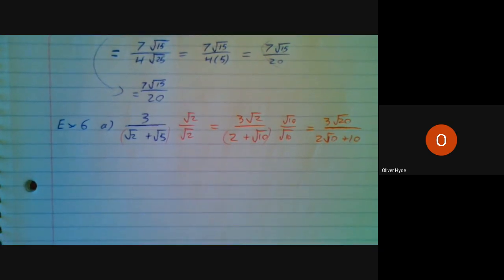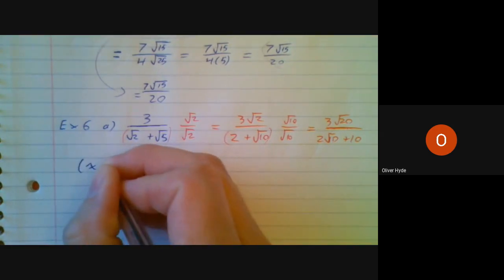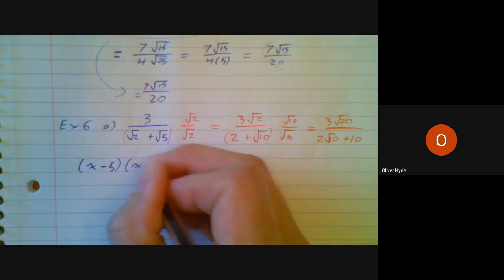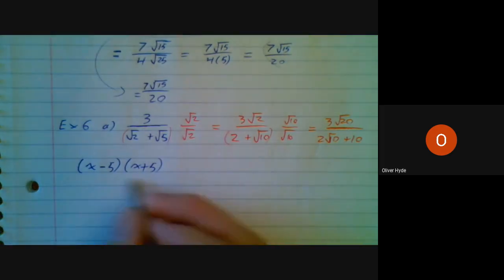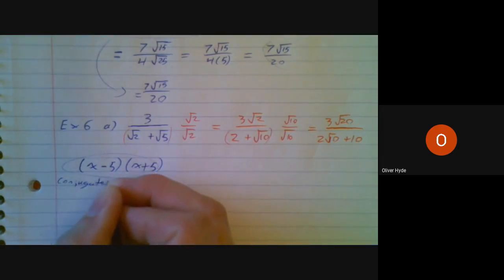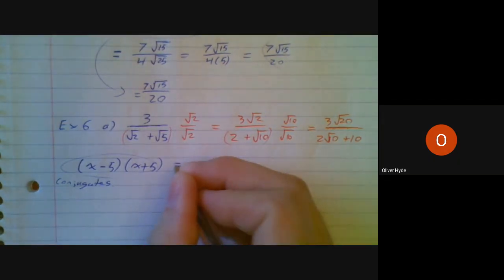And let me just review conjugates with you outside of radicals. Let's say that the conjugate of x minus 5 is x plus 5. These two expressions are conjugates of each other. They're not opposites. The opposite of x minus 5 would be 5 minus x. When we multiply conjugates together, we get a difference of squares.